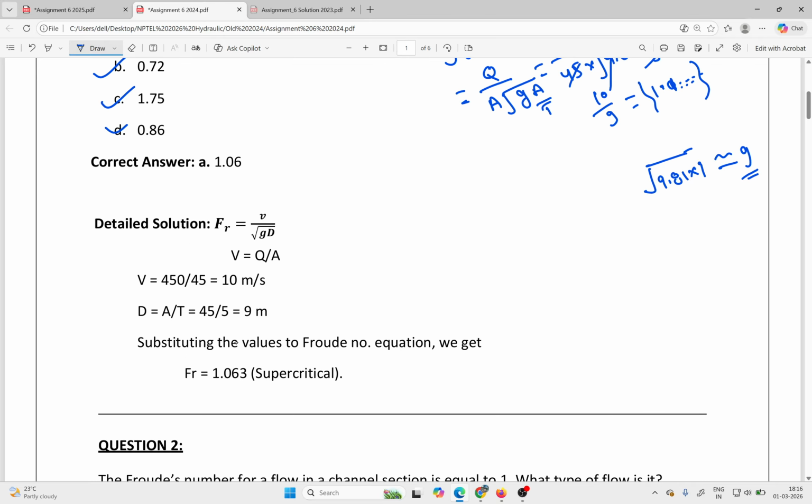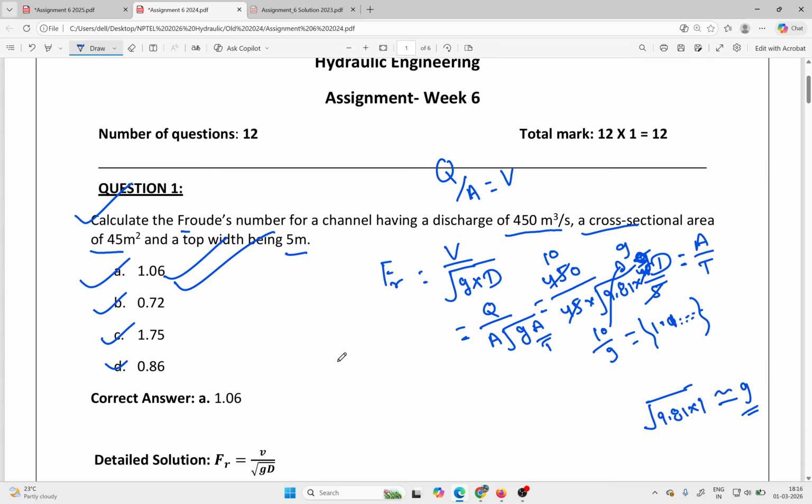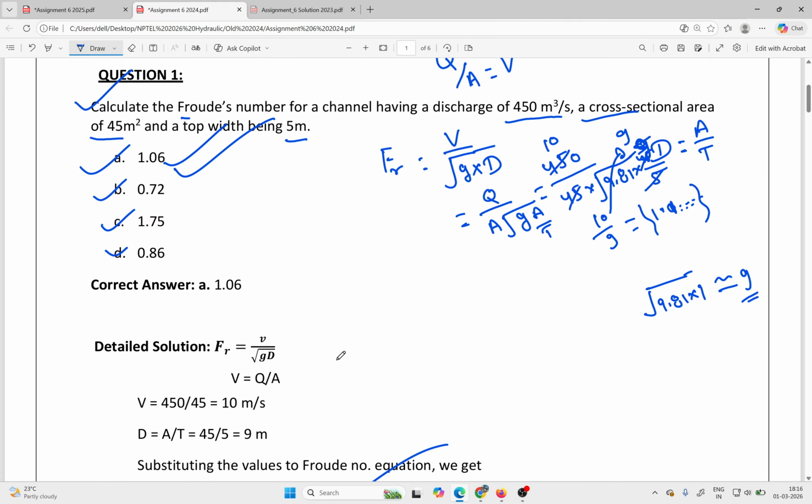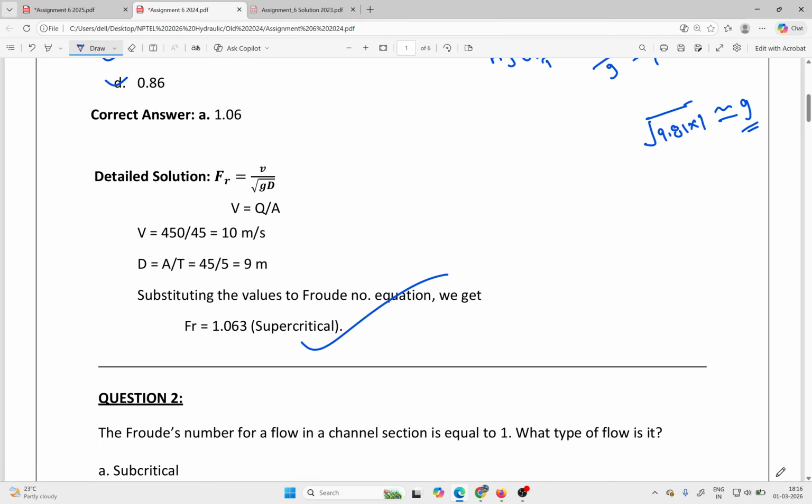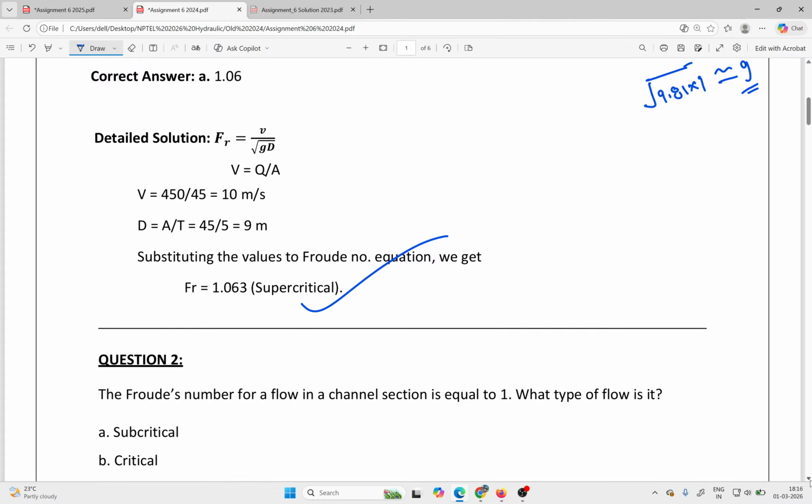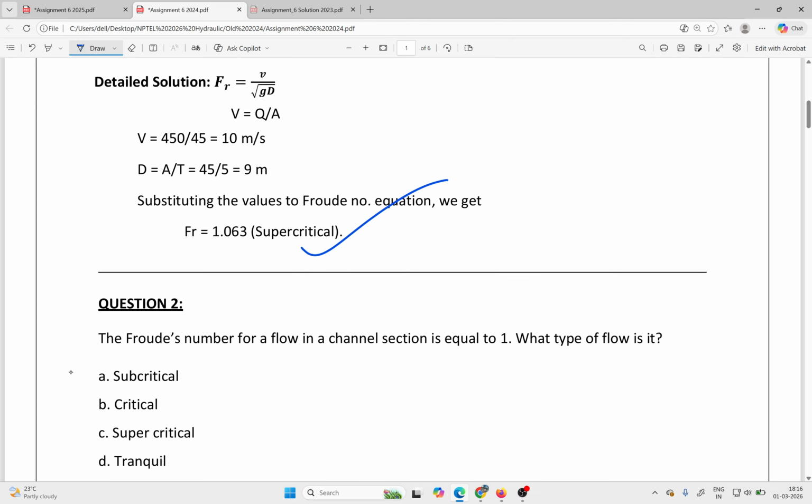So it is supercritical; the question is not asking, but you know already. Now, a very easy question. The Froude number of a flow in a channel section is equal to 1, what type of flow is it?